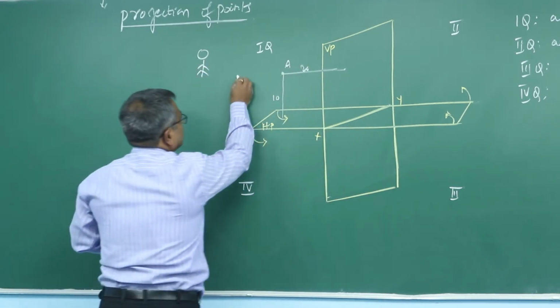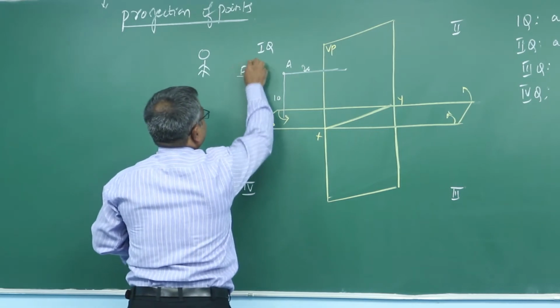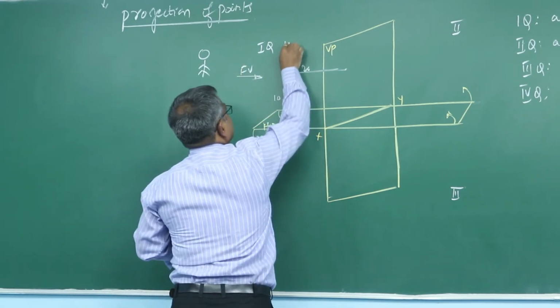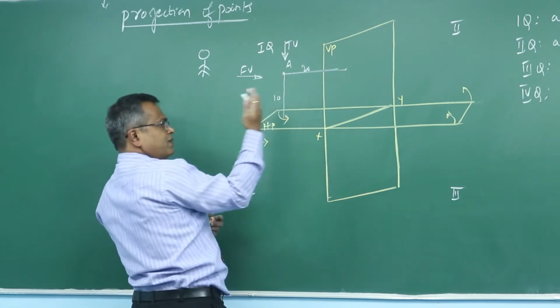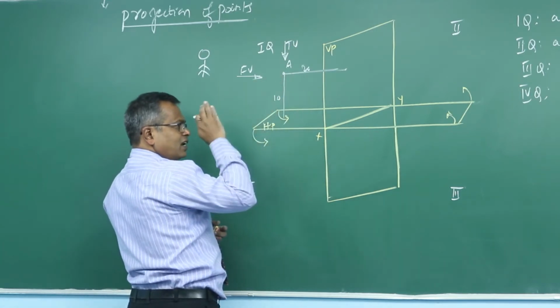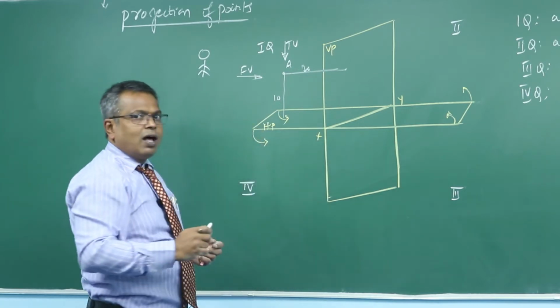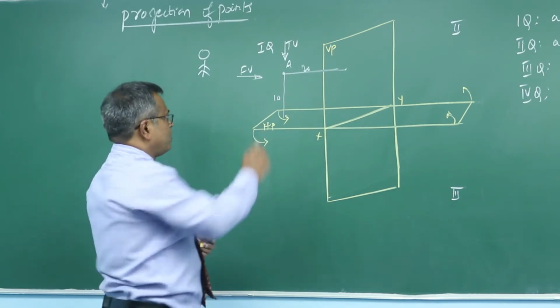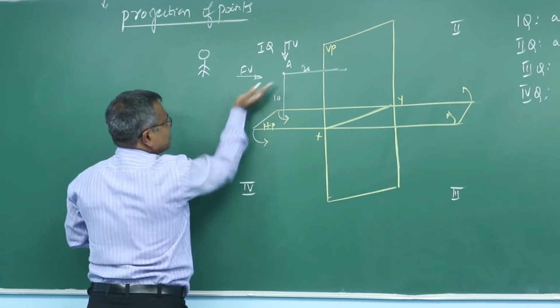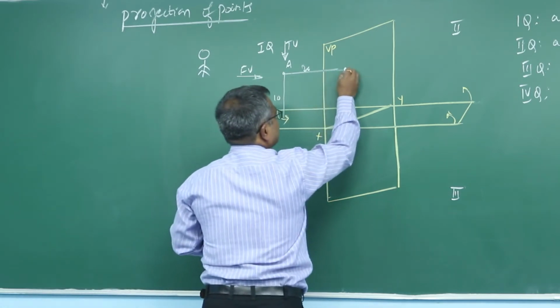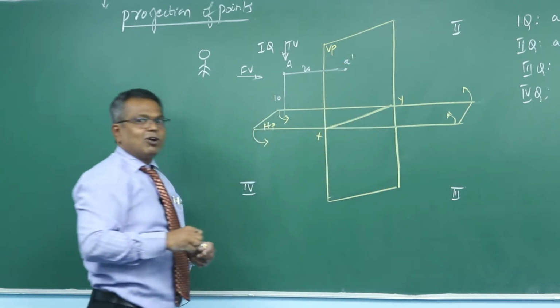Now this is the front view of the point A, and let us say this is my top view of the point A. In the front view, you are seeing the object from its front, where the ray from the observer is perpendicular to the plane of projection. In the front view, you can read the distance of 10 millimeter from HP, which you project on VP as a letter with a dash, called A dash.